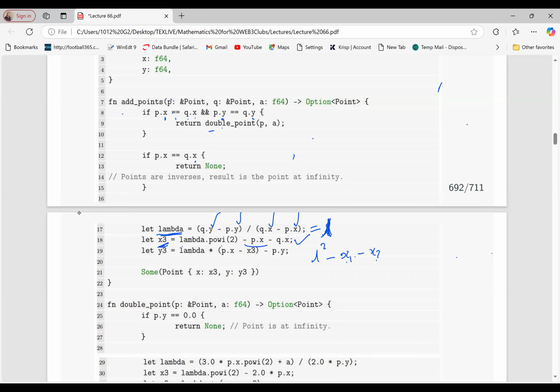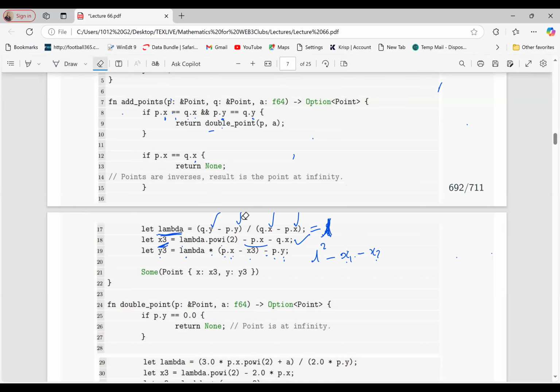That's what the formula is talking about. What about y3? y3 will be lambda multiplied by x1 minus x3, then minus y1. So if x was the point of p, then y will also be the point of p. That is what the formula says.